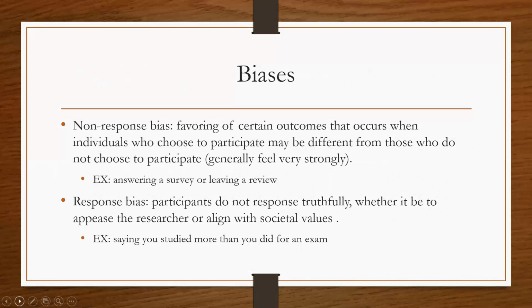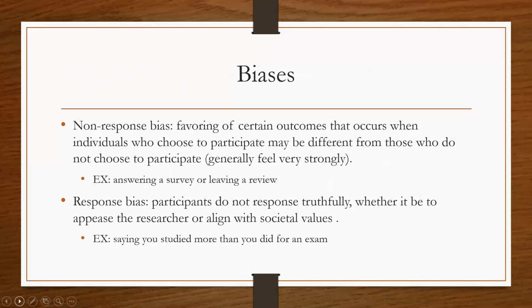Answering a survey is completely up to you. However, generally the people who do the surveys are people who feel really strongly one way or the other. It's either the people who feel really strongly that they did such a great job, or the people who feel really negative, saying they should be fired, they're terrible. You get very little in the middle, and that affects your outcome, because there's probably plenty more people who don't feel as strongly about the subject and just don't reply.